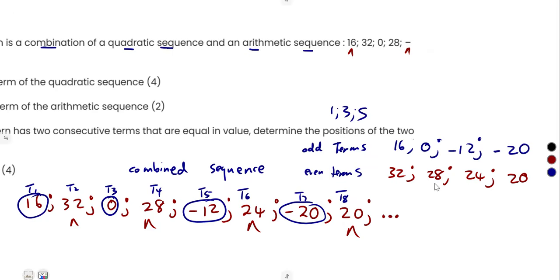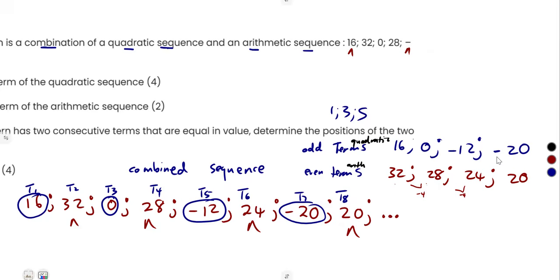We can see that the even terms are the ones for the arithmetic, as there is a common difference here. By just looking at these numbers, guys, 28 minus 32, we can see that there is a difference of negative 4. So the even terms are the ones for the arithmetic, and the odd terms are the ones for the quadratic, as we were given before.